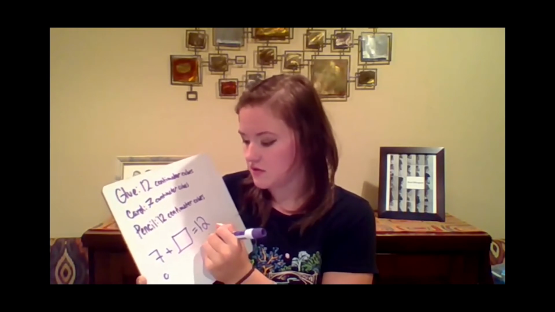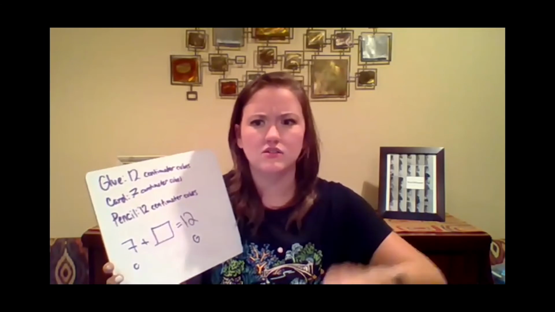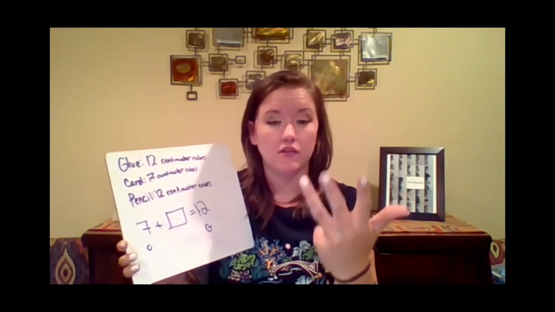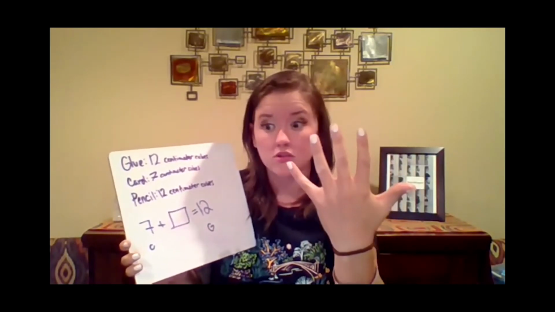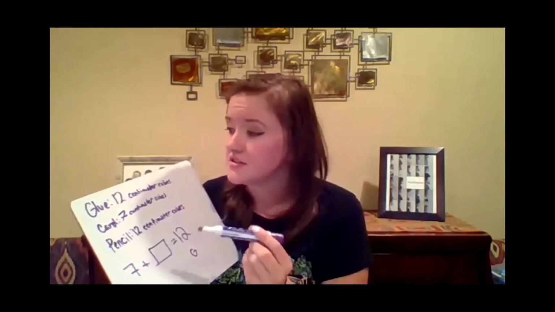So this is the card, and this is the glue. So how can we solve this? Why don't we just lock 7 in our brain? And let's count up. 7, 8, 9, 10, 11, 12. So 7 plus 5 equals 12.